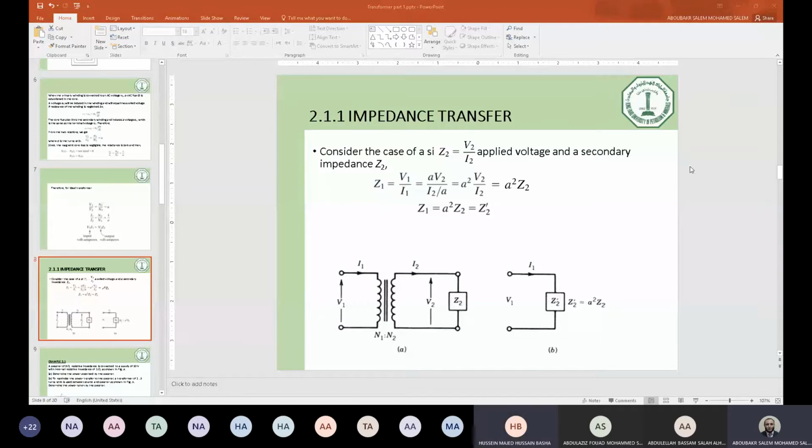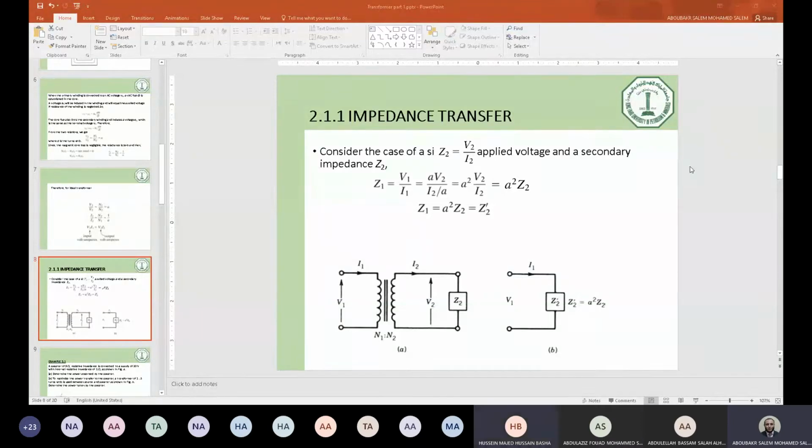But the equation will be different because in the actual transformer, the ratio A isn't applied directly there. In the actual transformer, we will consider all of what we have neglected before, okay? And we can also transfer the impedance the same way. Don't hurry, inshallah, we will discuss this maybe next week, Sunday or Tuesday.